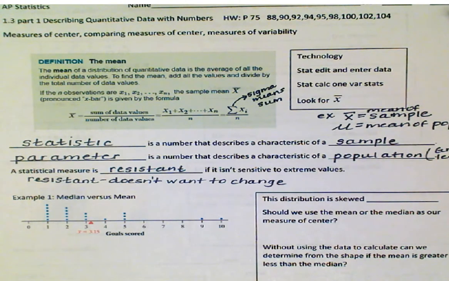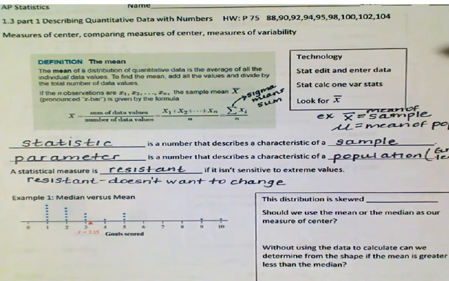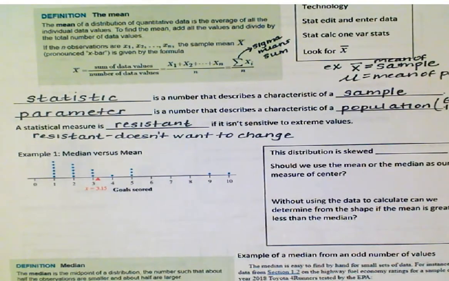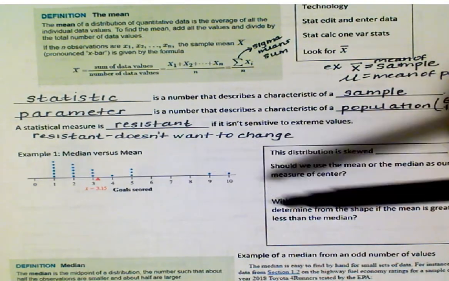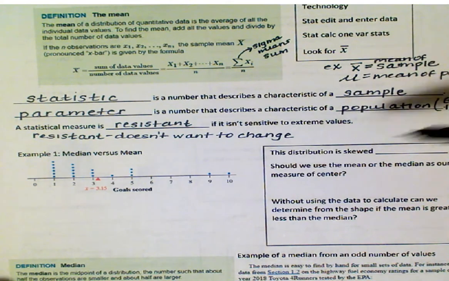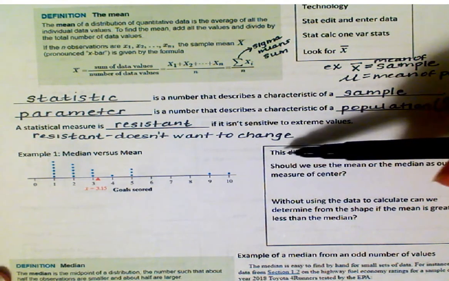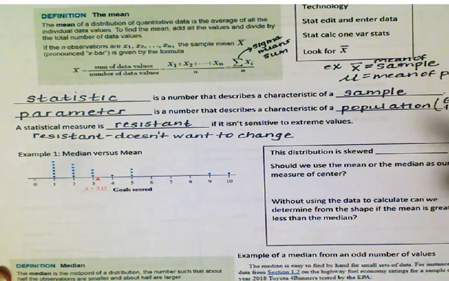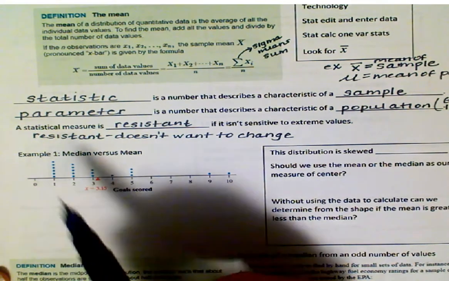I'm going to give you an example. We're going to talk about mean versus median. One of them is resistant and one of them is non-resistant. When you look at this distribution, which is goals scored, what way is it skewed?